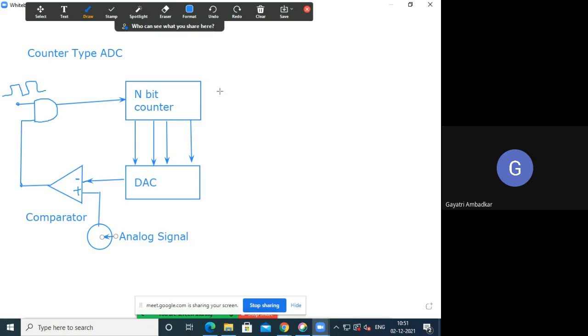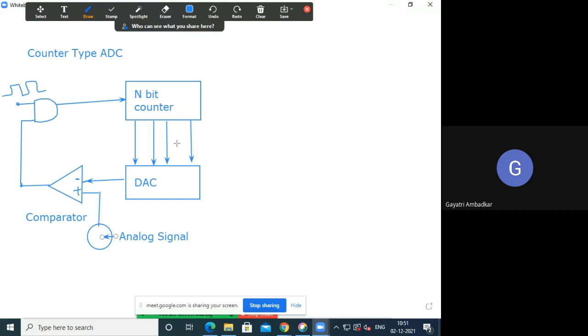As these pulses pass through this counter, it will give you output 0001 or 0010, 0011 if it is a 4-bit counter. When no pulse has passed, what will its output be? 0000. And once one pulse passes, it will give 0001. When the second pulse passes, 0010, likewise. The maximum count depends on the number of bits.